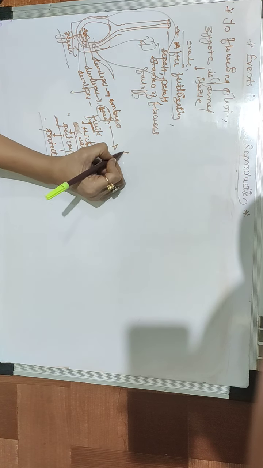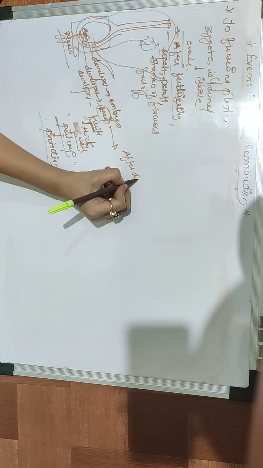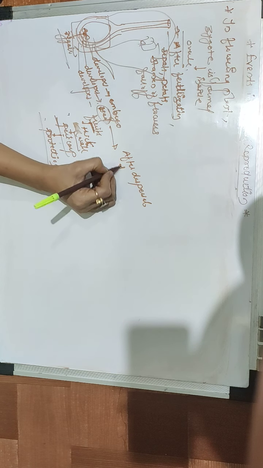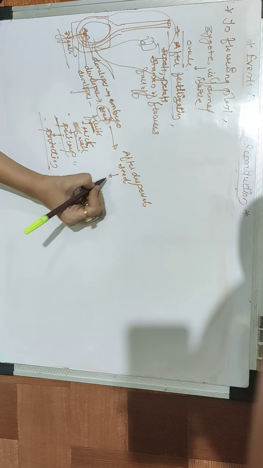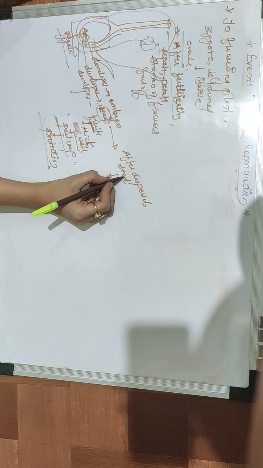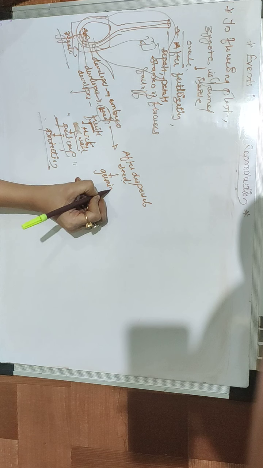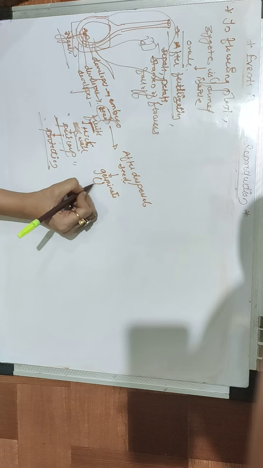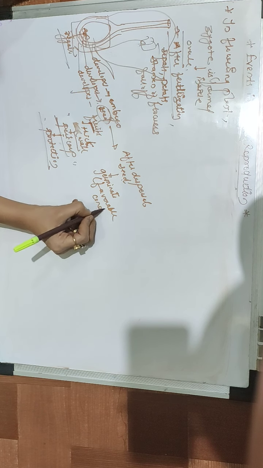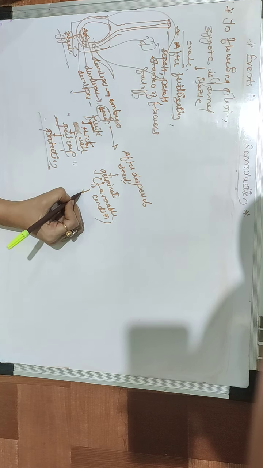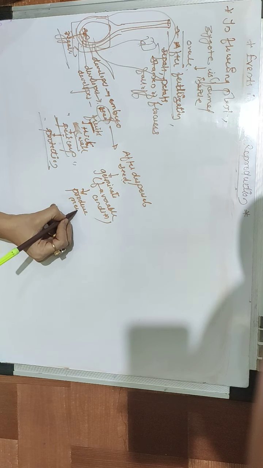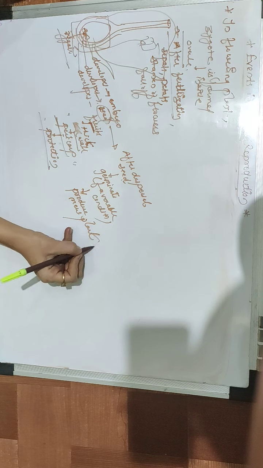Then what will happen after dispersal? Dispersal of what? Of the seed. After dispersal of the seed, if they get proper favorable conditions, these seeds germinate, and when they germinate they produce a new plant.